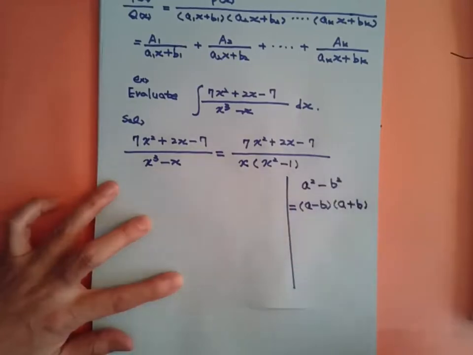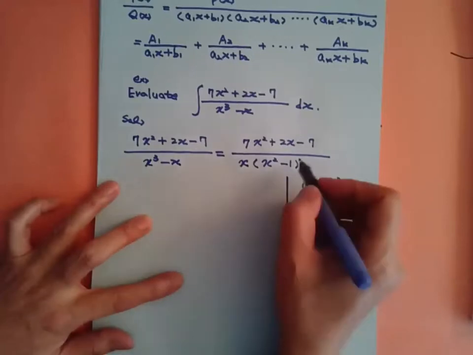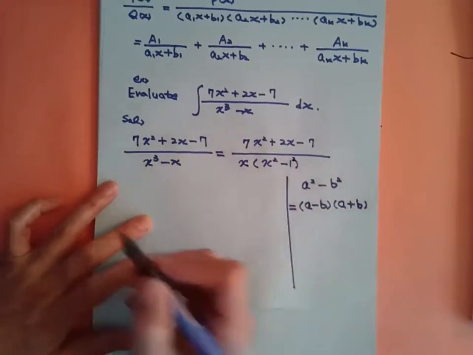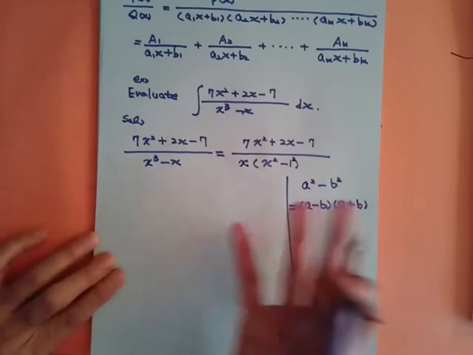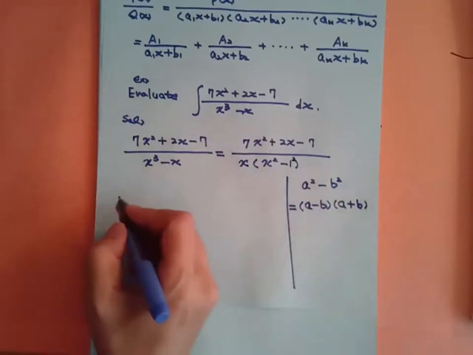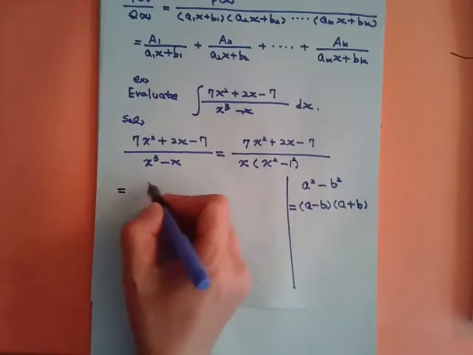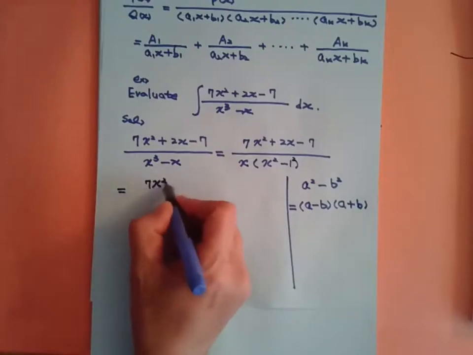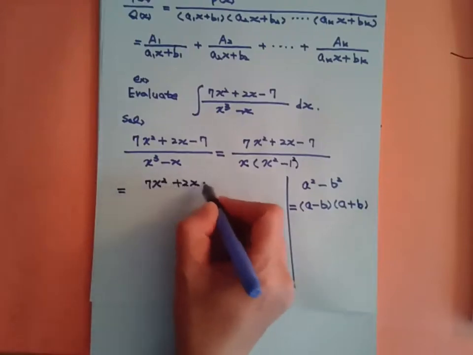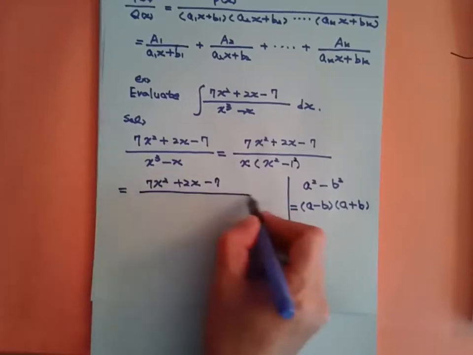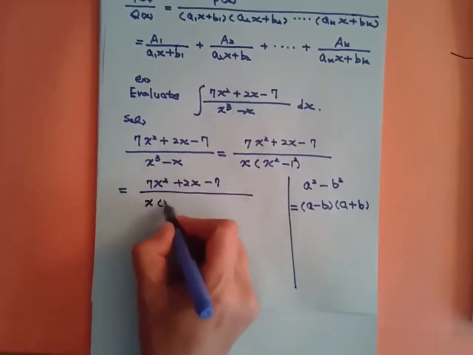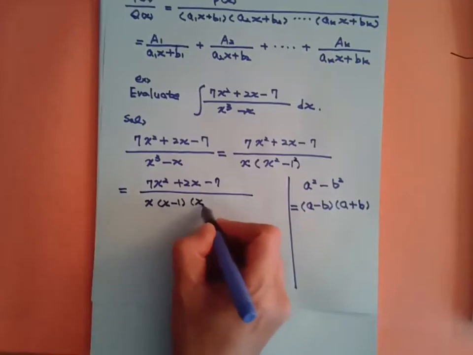So we understand x squared minus 1 as x squared minus 1 squared, and so it fits into this situation. And so the denominator will become x times (x minus 1) times (x plus 1).